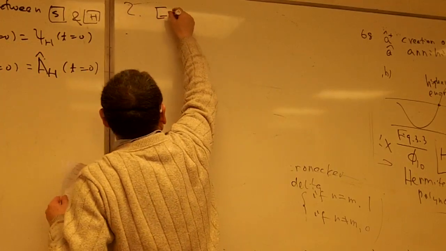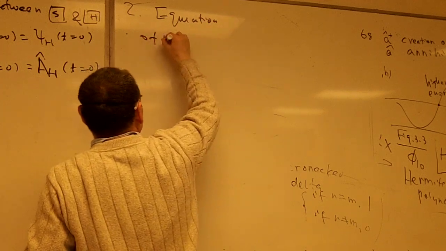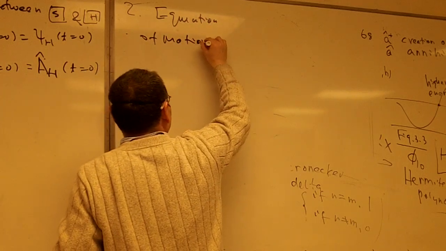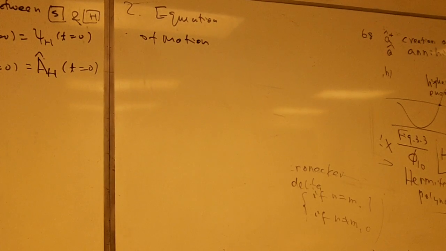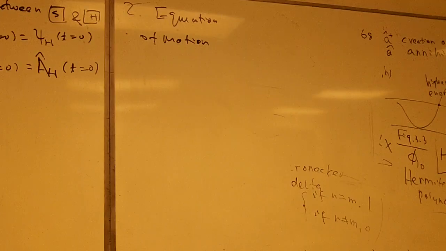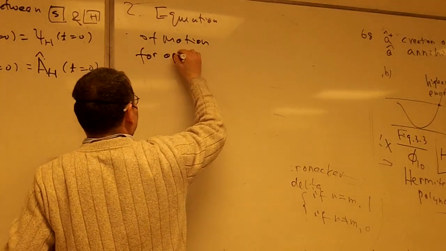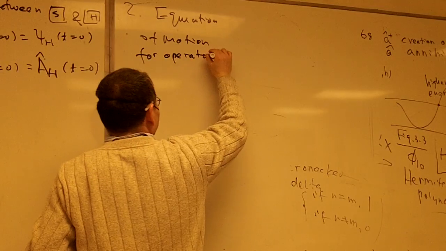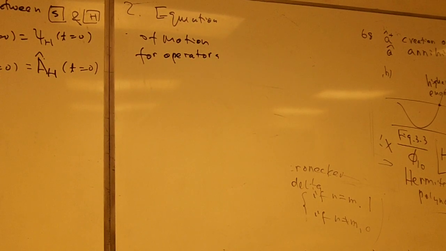This is the equation of motion. The equation of motion is quite important, and this is for the operators, not for the wave functions. And for this reason, it has many benefits.